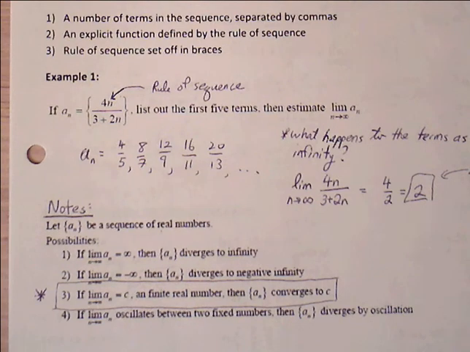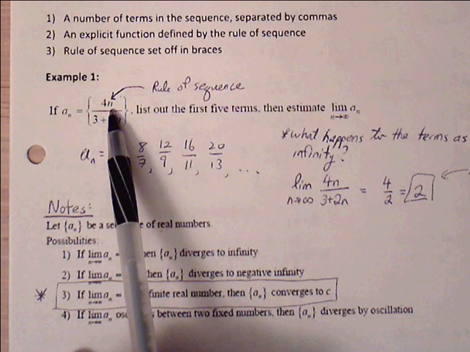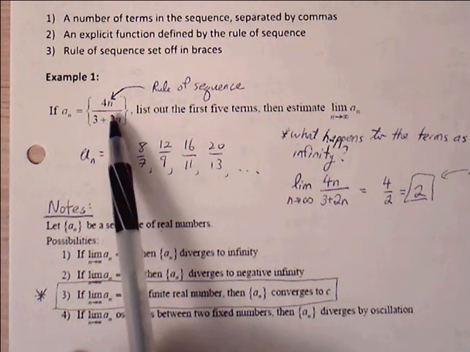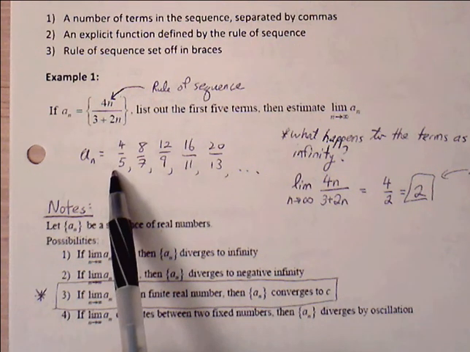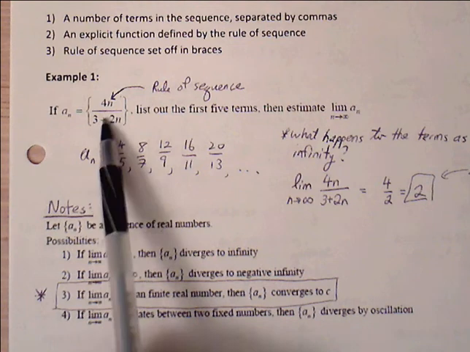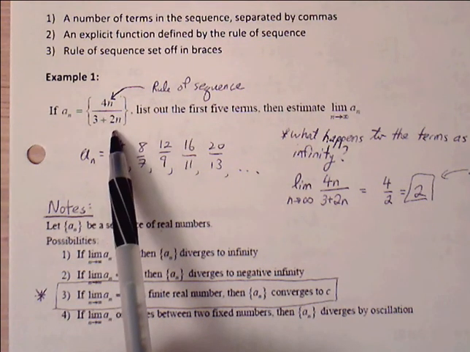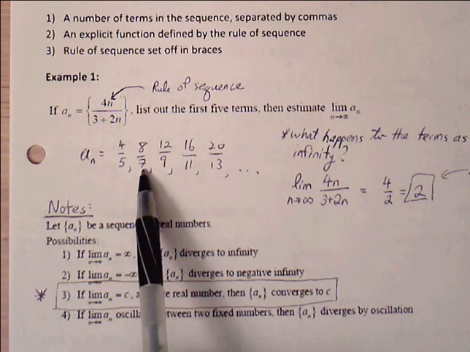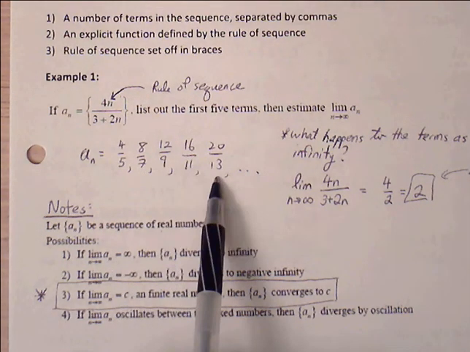If I want to find the first term, I just plug 1 in for n. This gives me 4 over 3 plus 2, which is 4 fifths. If I want to find the second term, I simply replace n with 2, and I get 8 over 3 plus 4, which is 7. And then this moves on to the third term, fourth term, and fifth term.